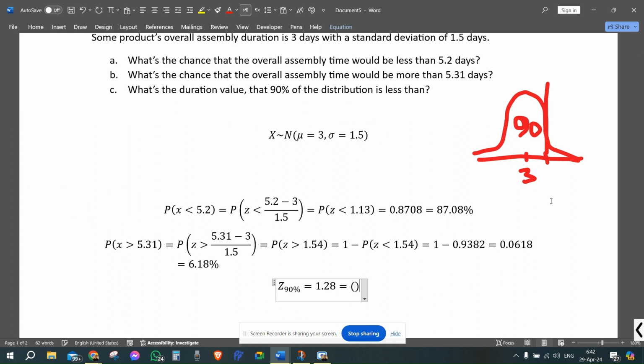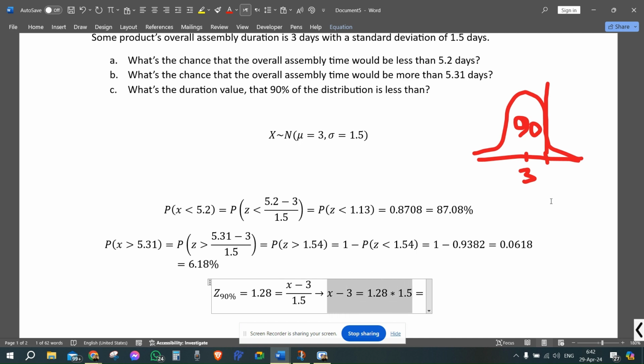And effectively, we're just doing the reverse work that we just did. We're going to look for the x value. So (x minus 3) over 1.5 equals 1.28. So if we want to find the value, we're going to say that x minus 3 equals 1.28 times 1.5, and eventually we're going to come up with the x value.